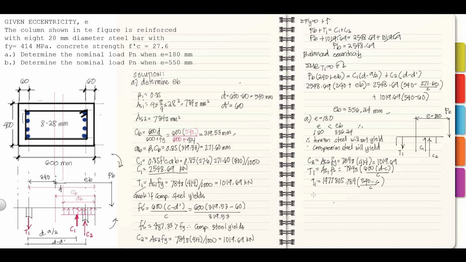So ang next kukunin pala natin, class, okay, is, alright, ulitin natin. So this is T1, right? So ang next na gagawin natin is C1. So, C1 pala. Okay, nagkabaliktad ng labeling. So this is C1. Ang C1 natin will come from the equation 0.85 F prime C A B. Alright? So 0.85 F prime C, that is 27.6.